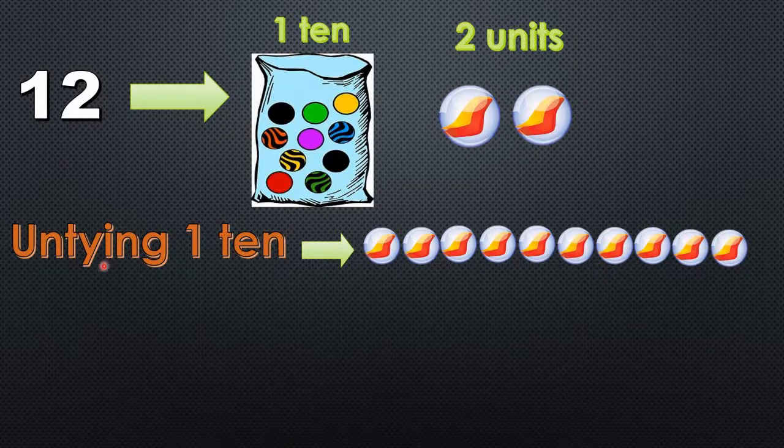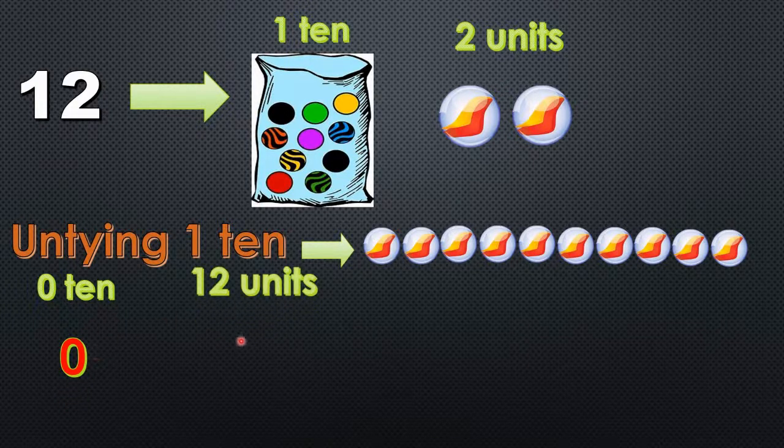Here 1 ten is given. If we untie this 1 ten, then 10 marbles are given. After that, the tens side is 0 and the units side is 10 plus 2, 12 marbles. So 12 units are here.